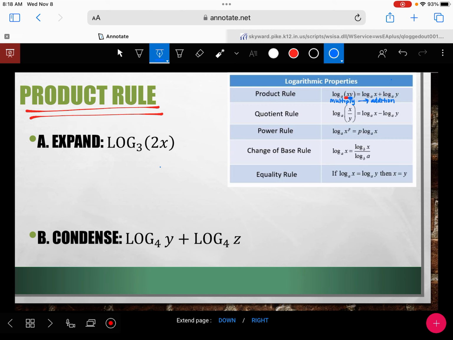So we're going to expand the log base 3 of 2x. So again, we have two things being multiplied.